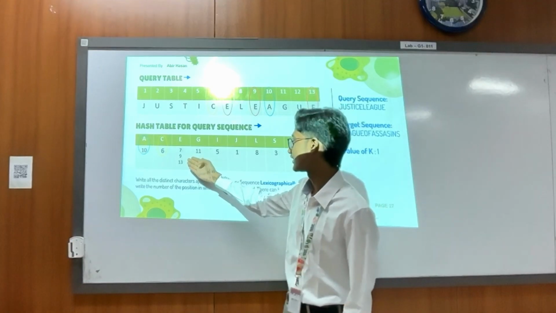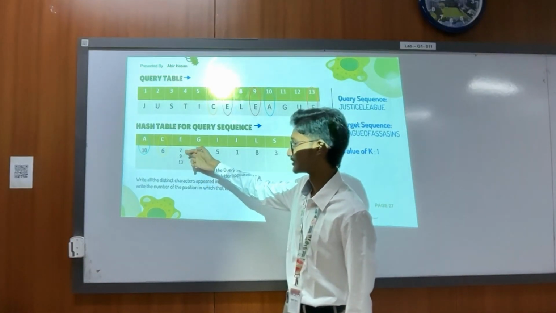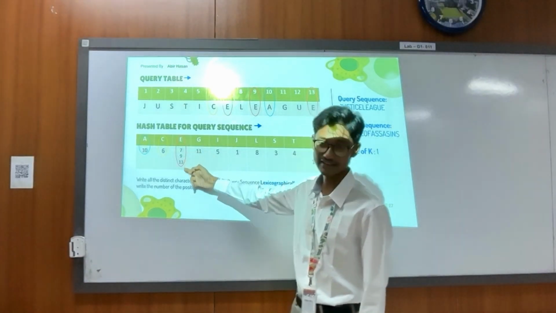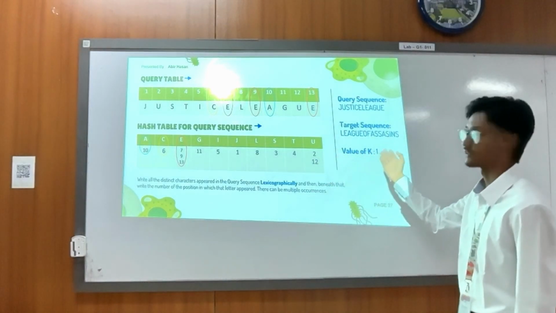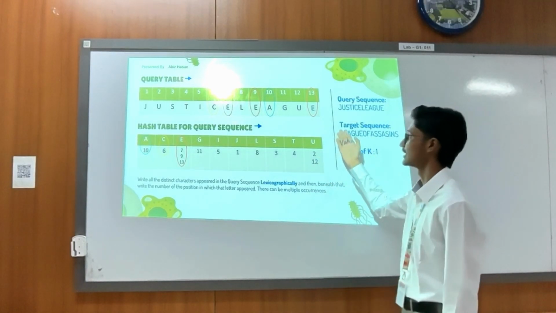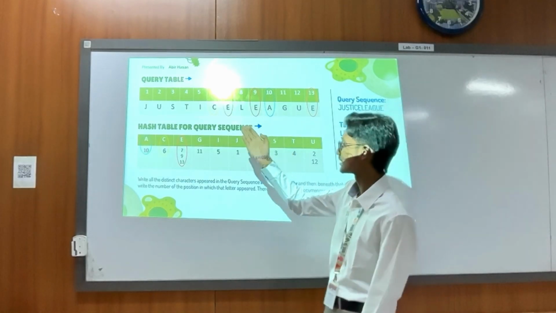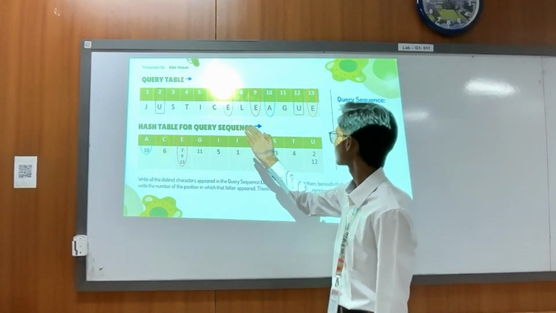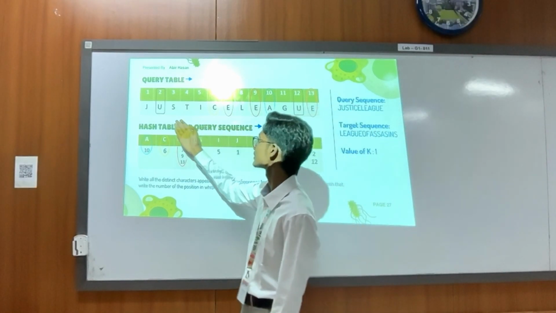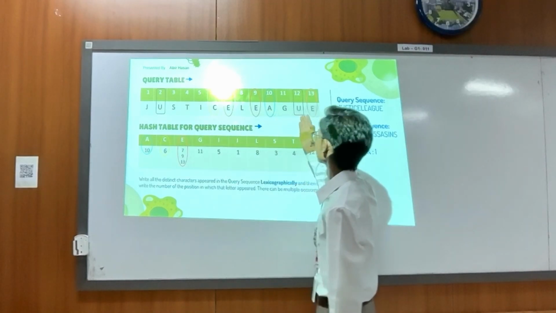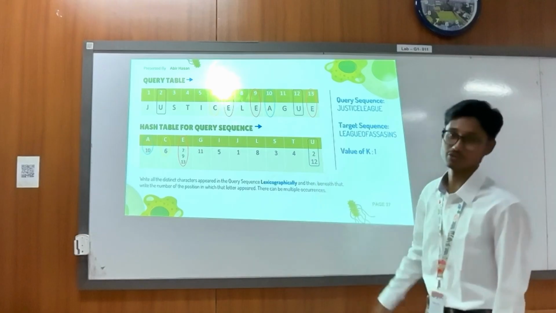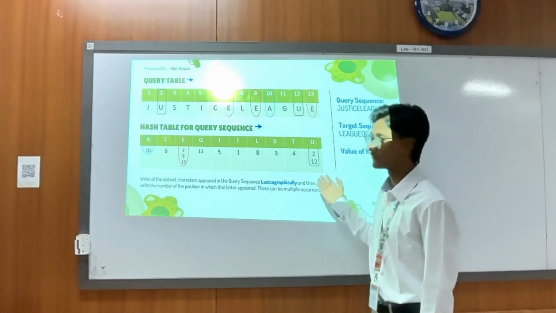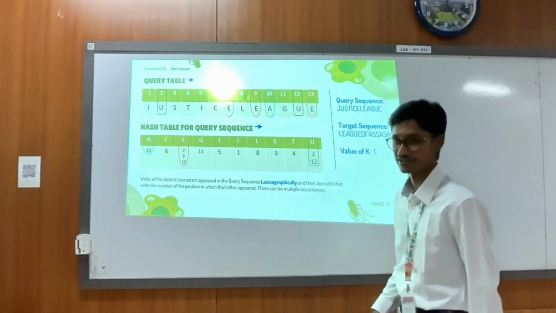So we have taken its 3 positions, 7, 9, and 13. Just like that, we will continue to make it. And last, the letter U is in 2 positions, 2 and 12. So we have put 2 and 12 for U. That was very easy to make the hash table for the query sequence.